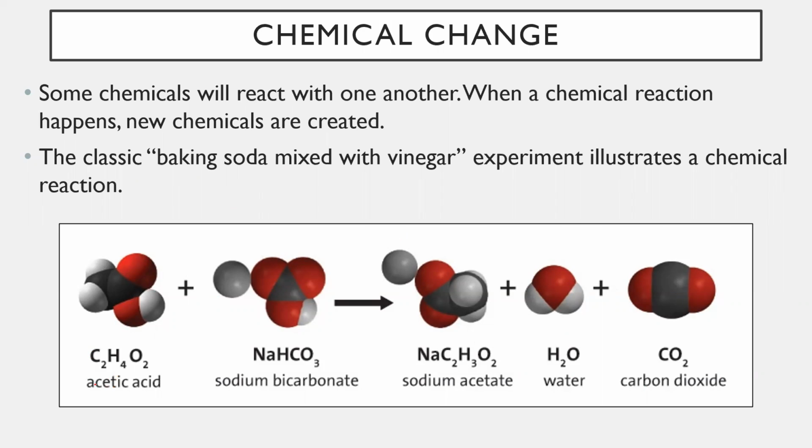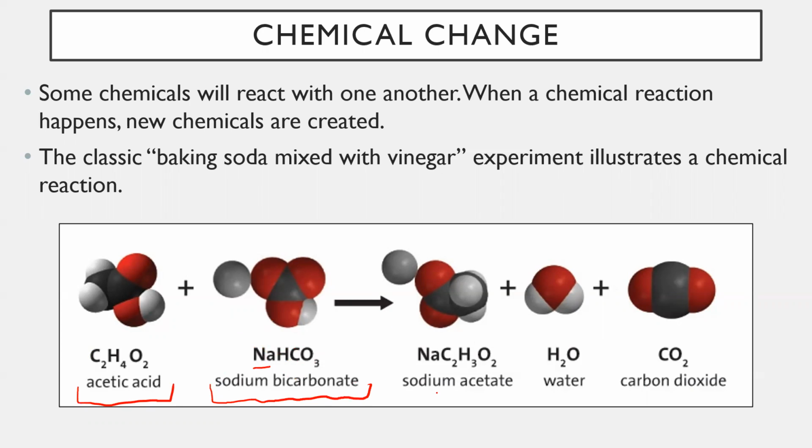So you just have vinegar, which the fancy, sciencey name is acetic acid, which is C2H4O2, so 2 carbons, 4 hydrogens, and 2 oxygens. You don't need to know that, don't worry. And baking soda, which is known in science by its fancy, sciencey name, sodium bicarbonate, which is sodium, that's Na, hydrogen, carbon, and then 3 oxygens.